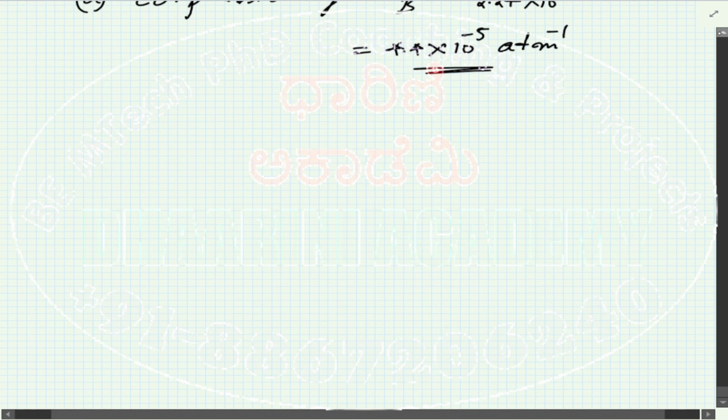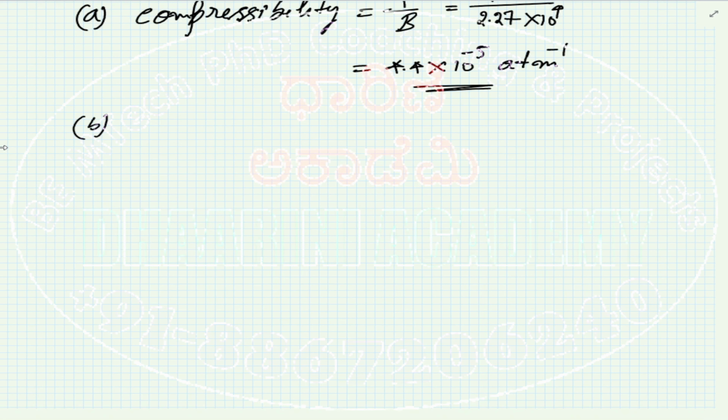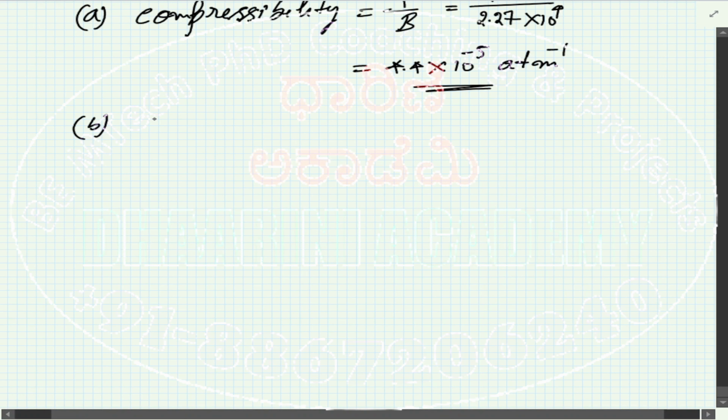Then part B of the question. The given data is, you have to reduce it by 1%. So that means I have to write the delta V, change in the volume per given volume, is equal to minus of 0.1%. This is the question, right? So minus of 0.1% is nothing but minus of 0.001. So what is the change in the pressure required?